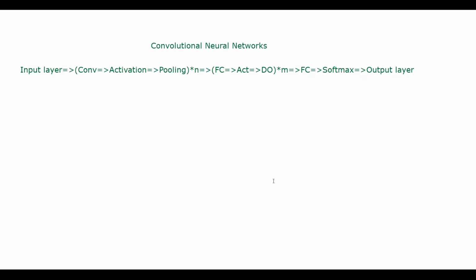Now in this whole feature extraction, the next part is the activation function which we introduce, and then pooling. Pooling is something which I've never heard of. We'll discuss about it.